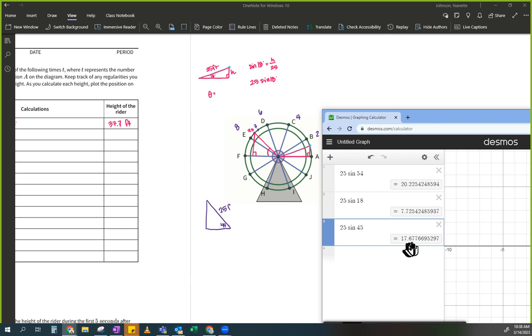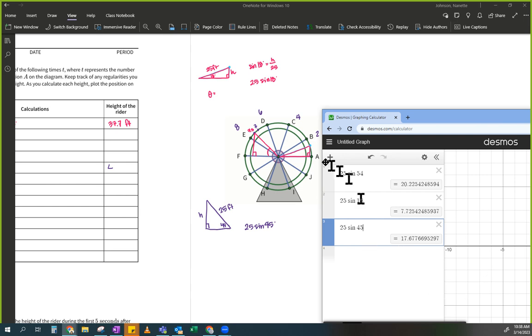So we get 17.6 and then plus 30 would be 47.7 feet. And then the way we got that was 30 plus 25 sine 45.